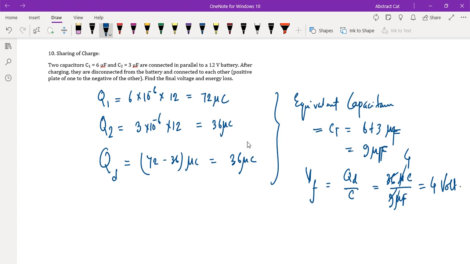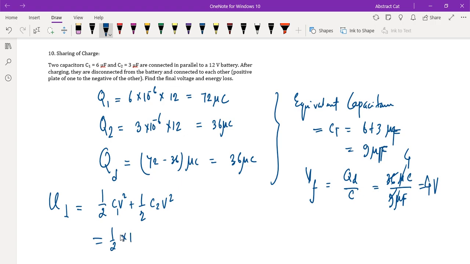Okay. So now calculate the energy, U1 energy and U2 energy. So the energy before, suppose U1, is half C1 V square plus half C2 V square, when the capacitors are connected in parallel. So half V square, common, 144.